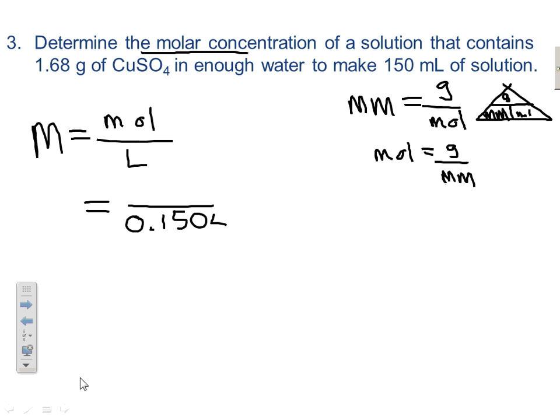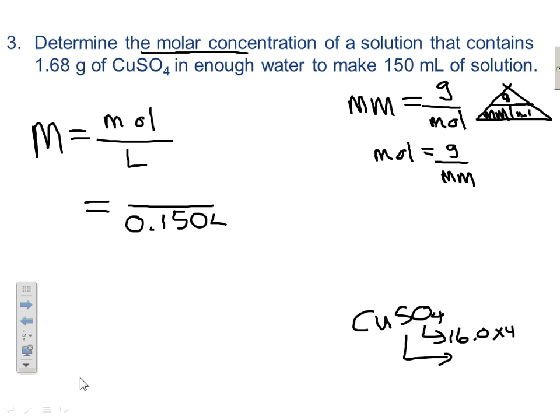So I've got to do a little work in order to get this one. I've got to get my periodic table out. I've got to get some molar masses, and then I'll be able to finish the question. So I'm going to go way down to the bottom here out of the way. CuSO4, 16 times 4, sulfur 31.